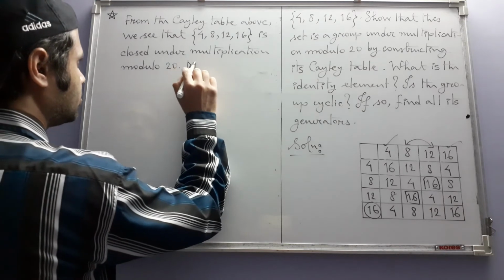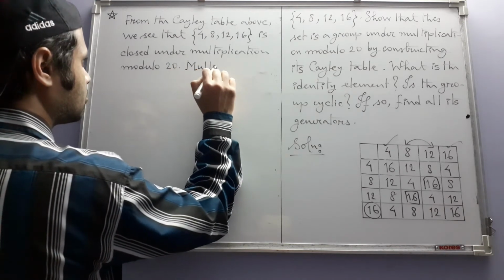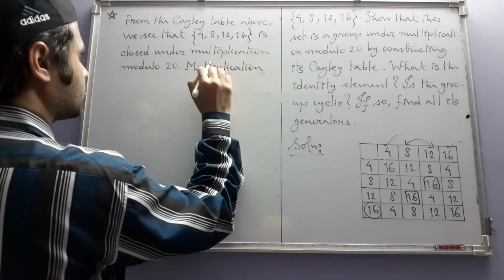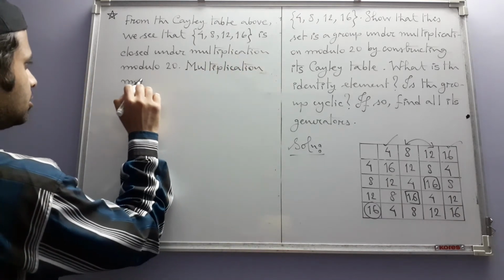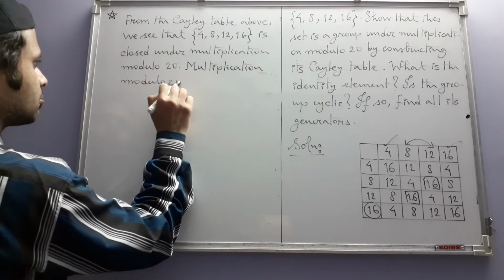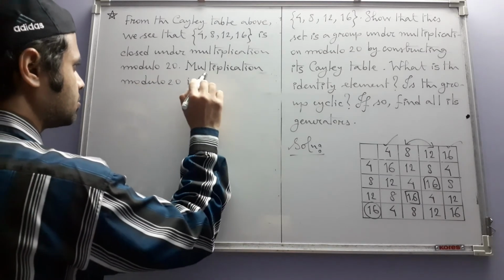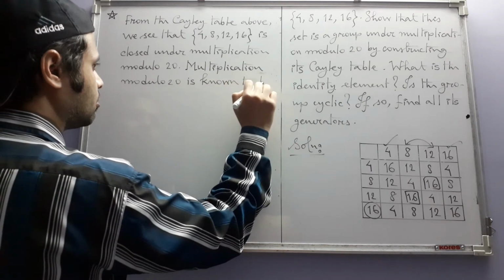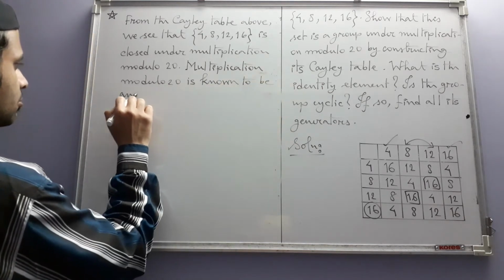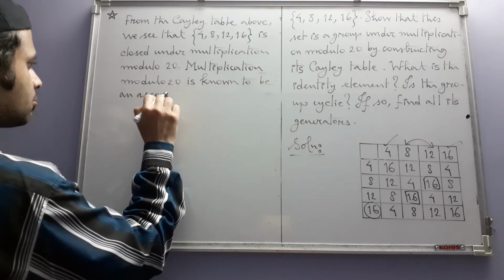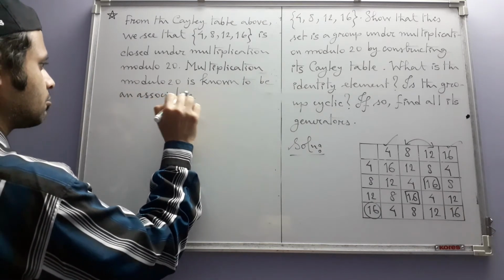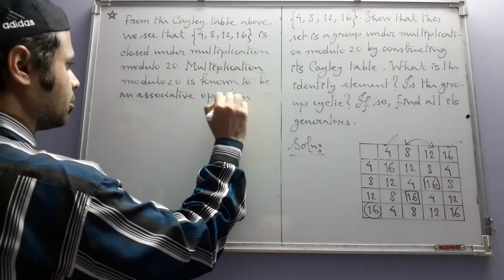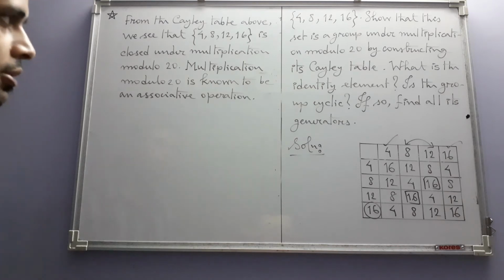Okay, then multiplication mod 20 is known to be an associative operation.